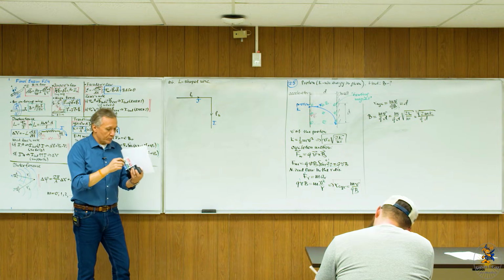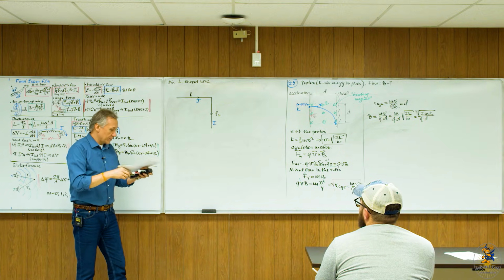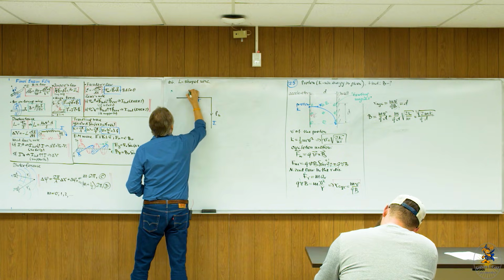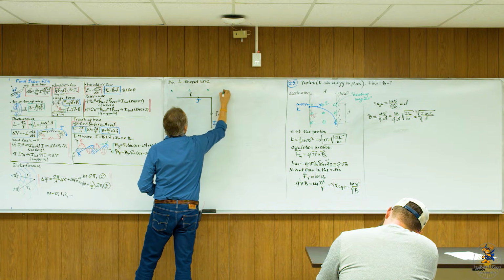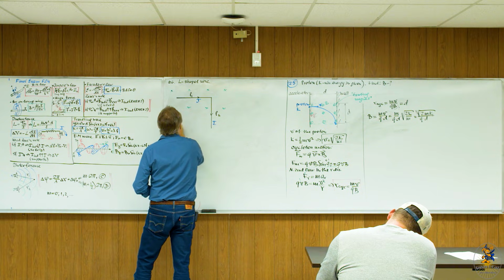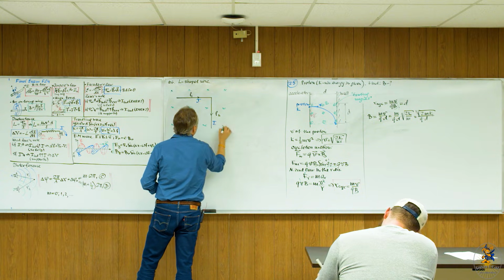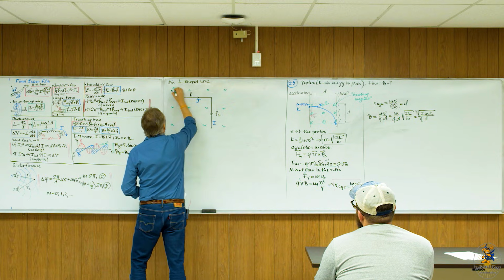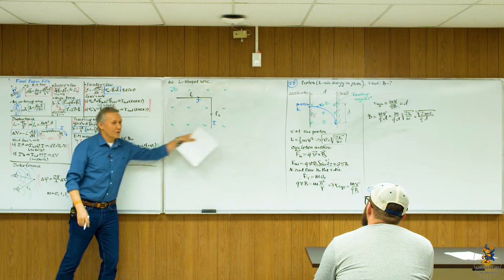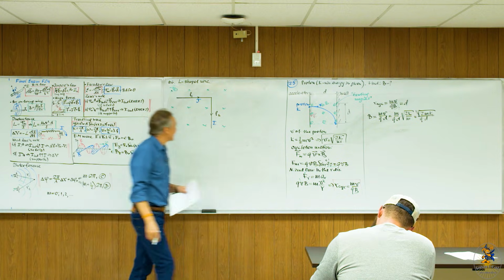And it needs to be exposed to the magnetic field. Let's assume it's uniform. So cross, cross, cross, cross. Okay, enough. Pretty much the whole wire is exposed to the magnetic field.